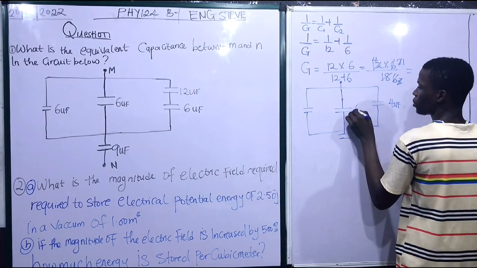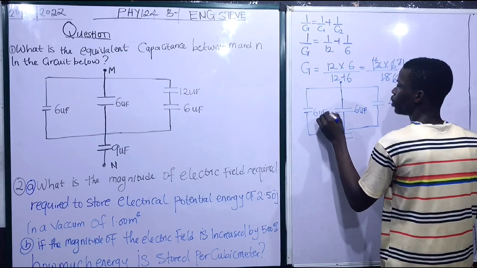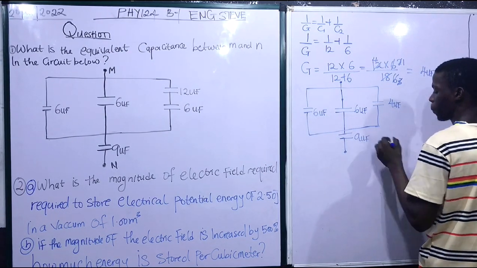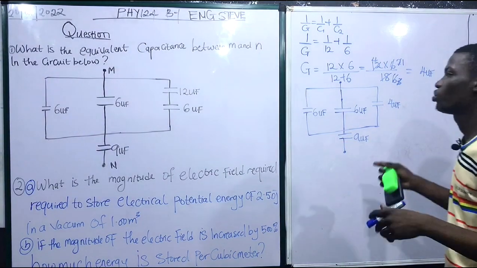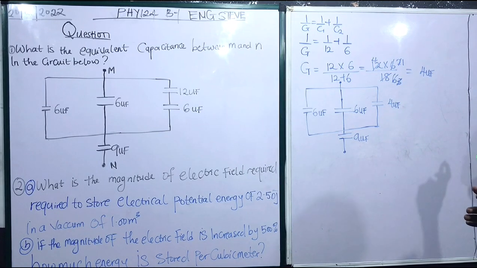And for this one, 6 microfarad, for this one, 6 microfarad, and for this one, 9 microfarad. In order to prevent all this drawing and drawing again, let's just solve it without doing the drawing.